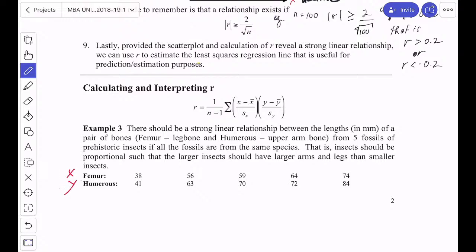So that's X and that's Y. So I put things horizontally, but you shouldn't be confused.